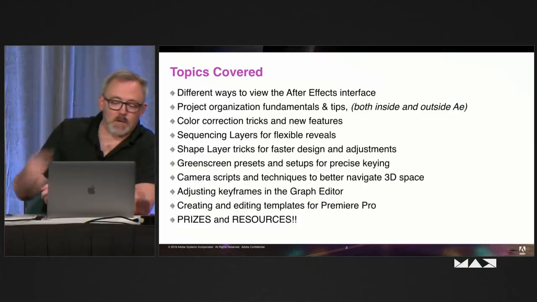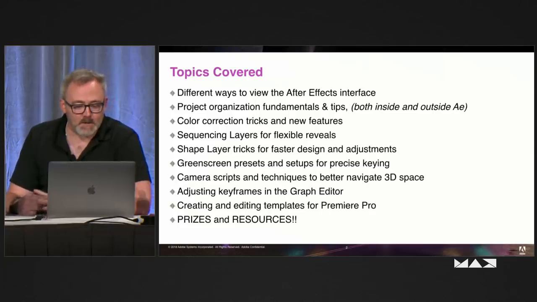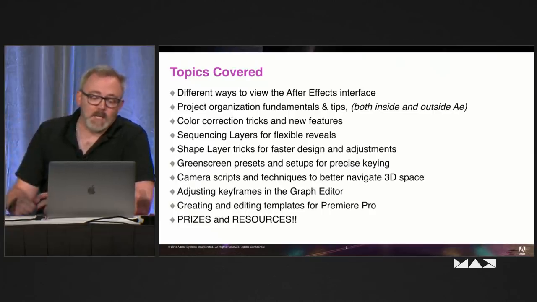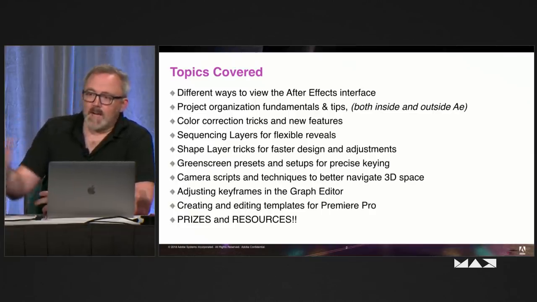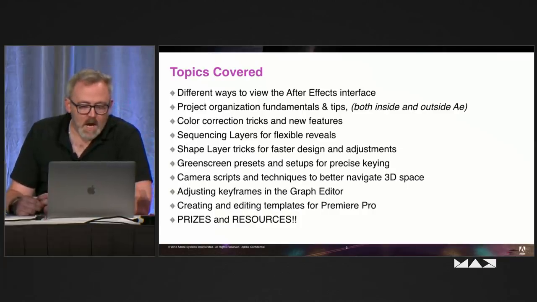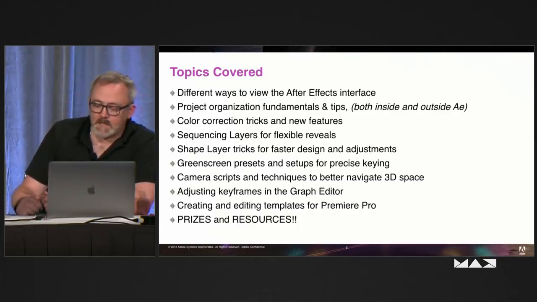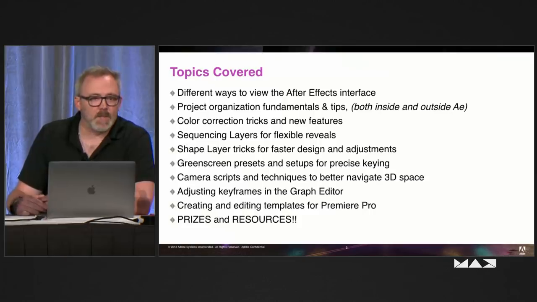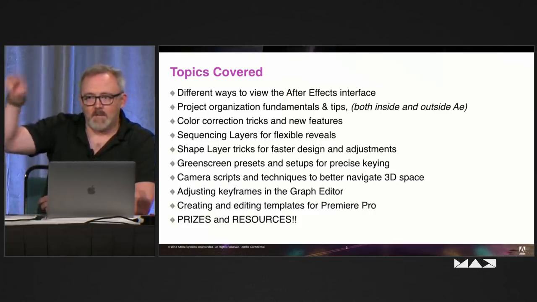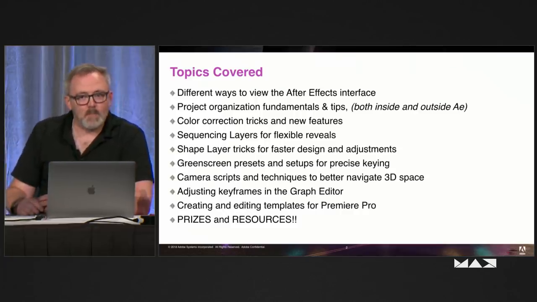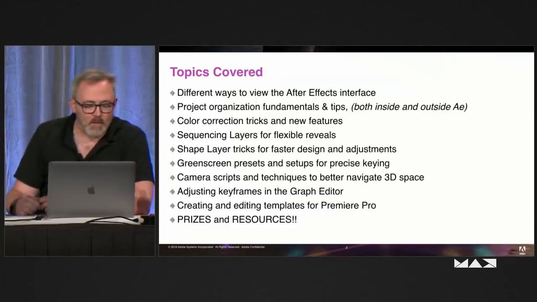We'll get into some color correction tips and new features. We'll talk about sequencing layers for creating some flexible reveals. We'll create some shape layer tricks for faster design and adjustments within shape layers. Those of you that have been in shape layers know there are a lot of things to drill down through, but there are some ways to actually get through there pretty quickly.